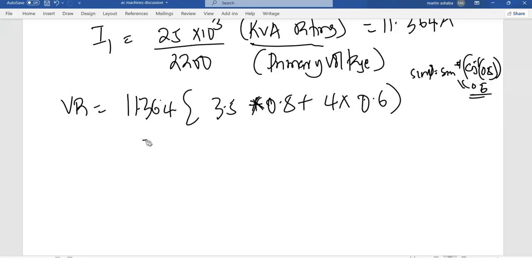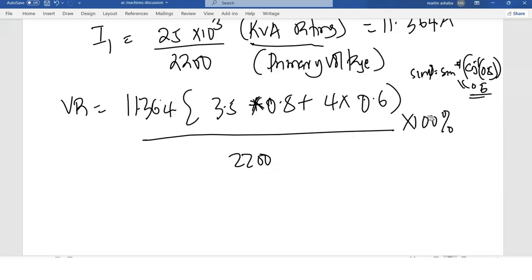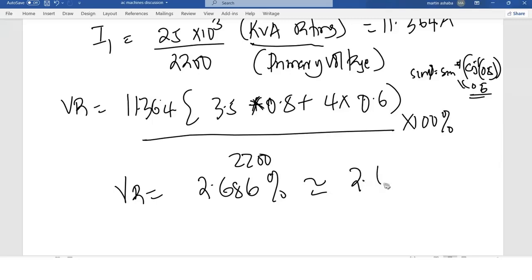So we divide this by 2200 times 100. We get the voltage regulation as 2.686%, which we can say is 2.69%.